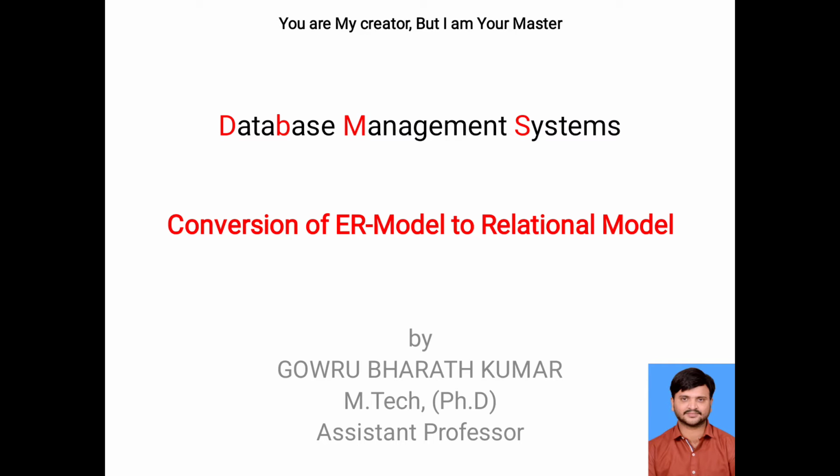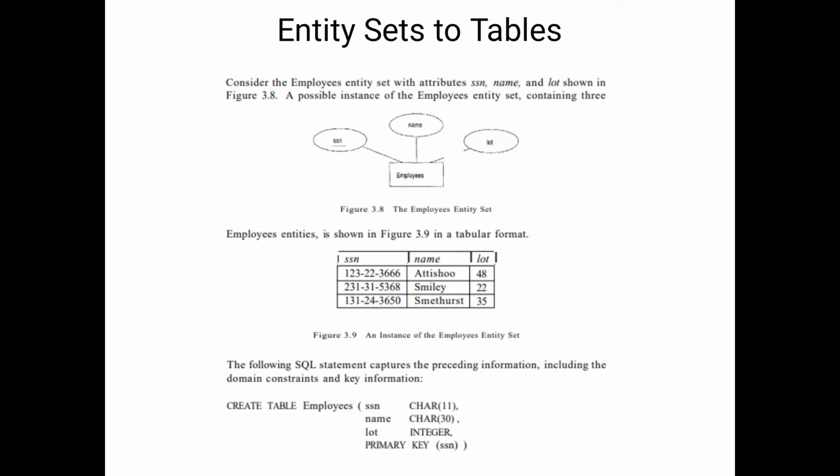That means either a relational model, network model, or hierarchical model, any model can be easily converted with the help of the entity relationship model. In today's session we will consider some entity relationship sets, and with the help of those sets we will convert them into relational tables.